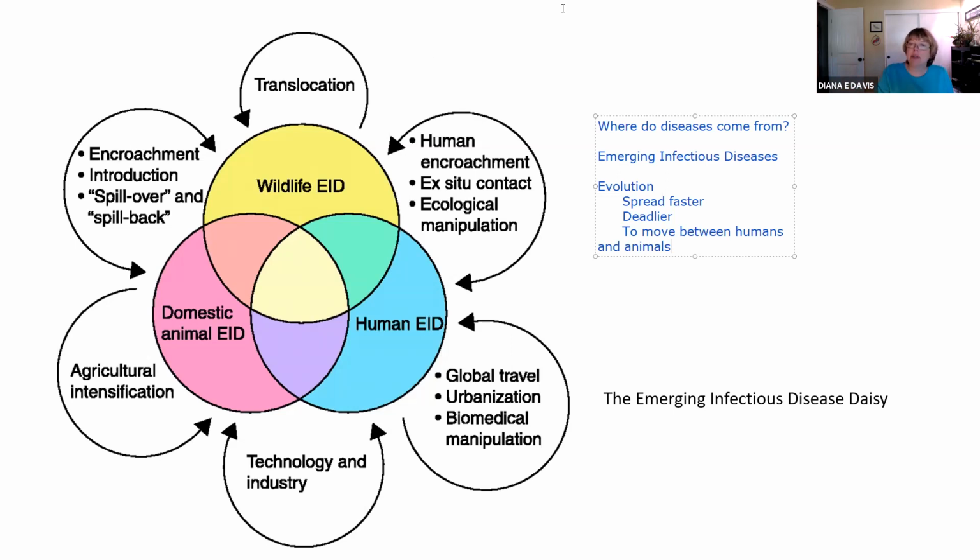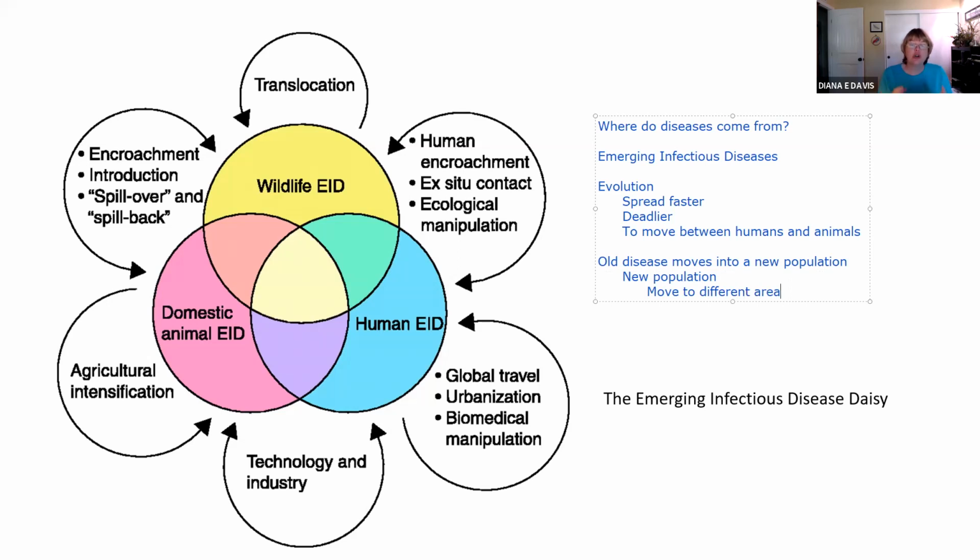Sometimes what happens is not so much evolution, but we get an old disease that moves into a new population. And this new population can be in a different area. So people can move to a different area, taking their diseases with them.